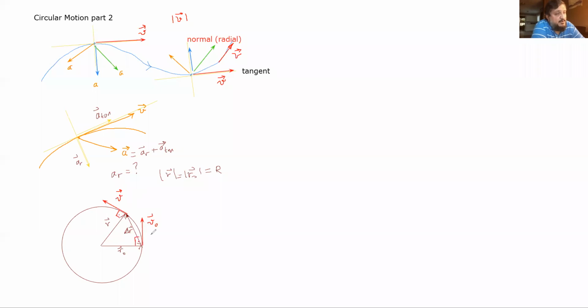Now, since along that circle R remains constant, actually, I only need one variable to know where I am at a given time. And that will be the angle measured with respect to some arbitrary axis. Let's say this will be your axis here. Call it X, Y, Z, doesn't matter.